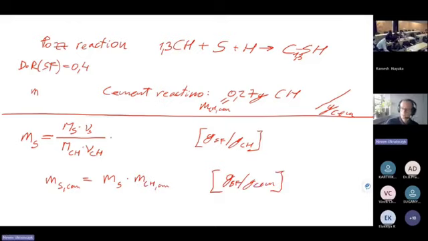So this is what we want. How much silica fume per how many grams of cement. So it's just a very simple stoichiometric formula. You can calculate this. And this is what I implemented in Python. You just need molar masses and stoichiometric coefficients, and you can calculate.